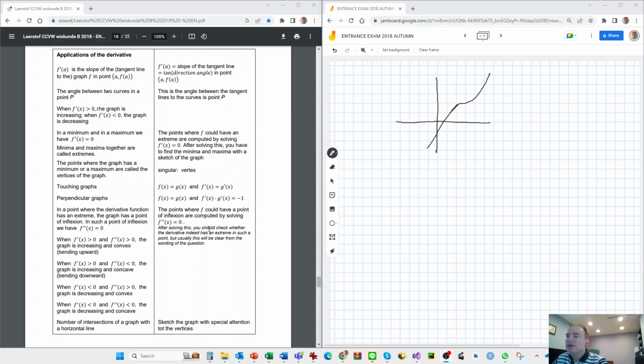So again, you have to check that at this point, indeed, the derivative function has an extreme. Although they state here that from the wording of the question, it's usually already clear. For example, if they state this function has one inflection point, and if your calculation shows, for example by solving this, that there's one inflection point, you know that it's actually an extreme.